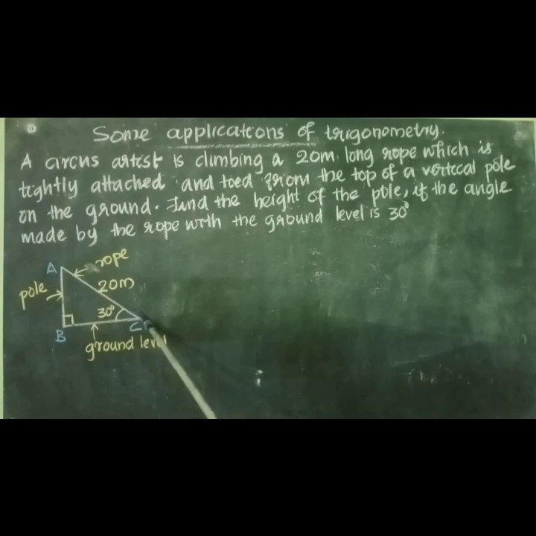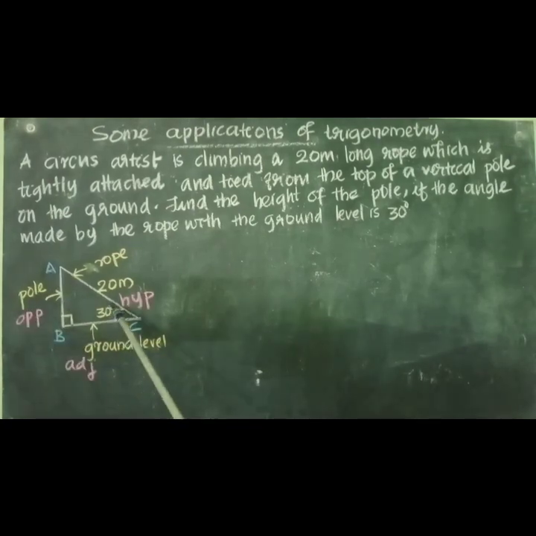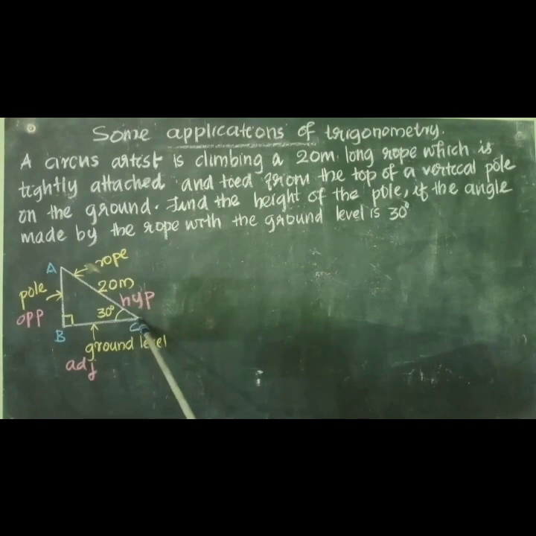The rope is making 30 degree with the ground level. We need to find out the height of the pole. That means we need to find out AB. For this acute angle C, we know this AB is the opposite side, BC is the adjacent side and AC is the hypotenuse.